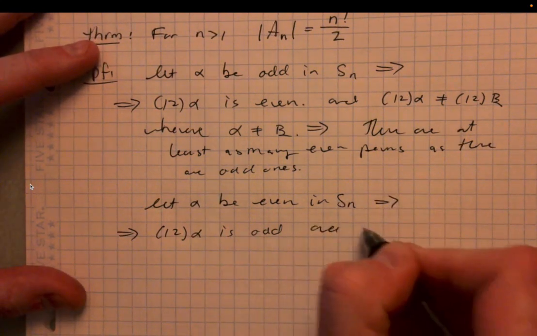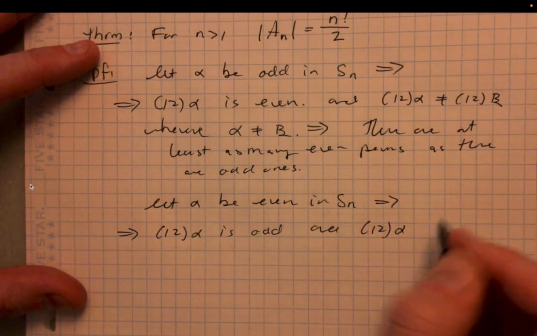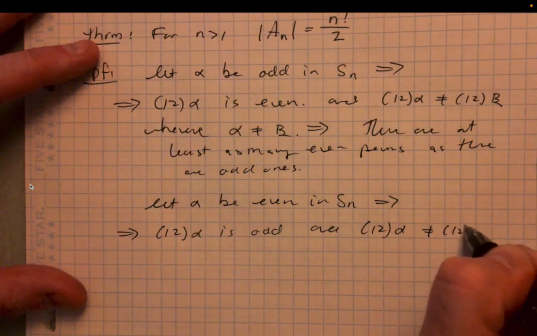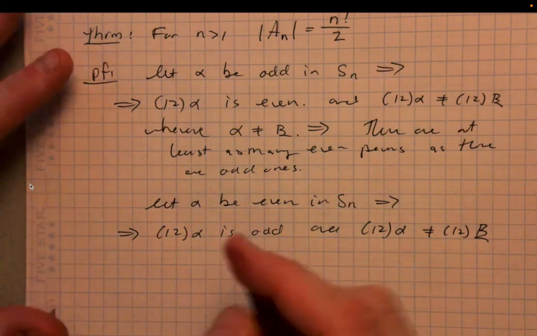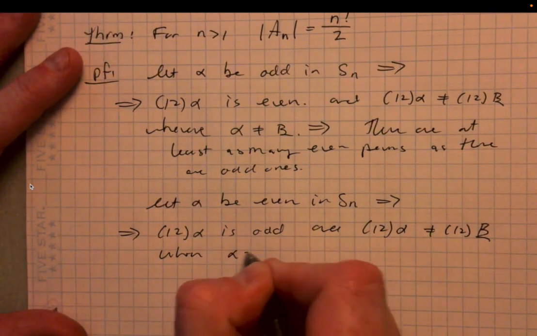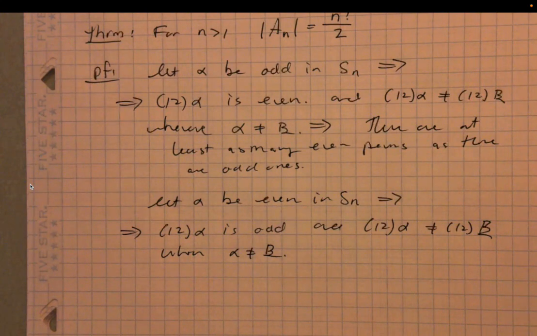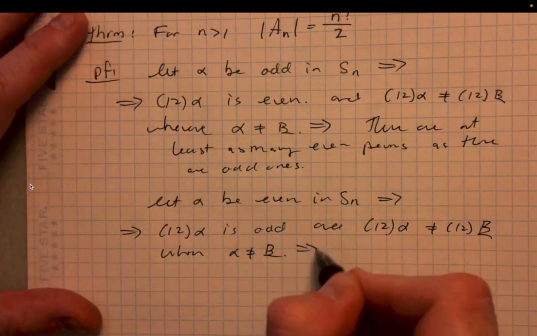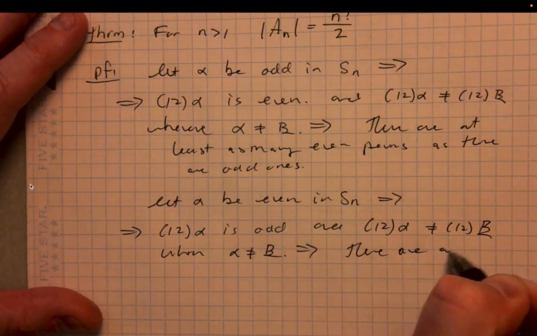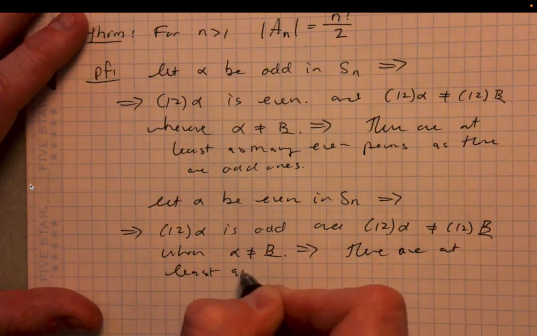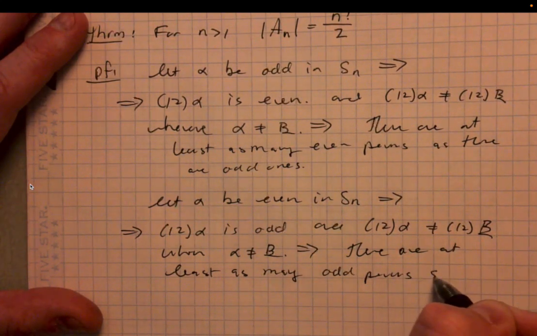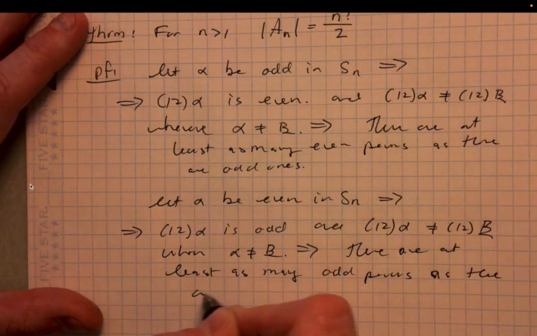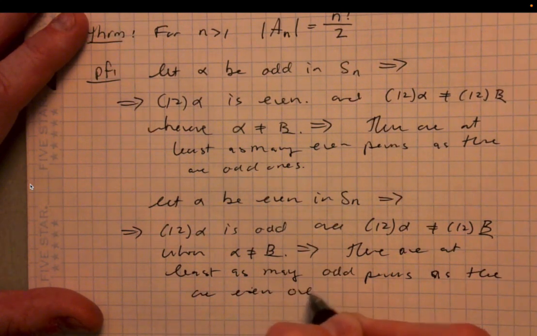And (1 2)alpha is not equal to (1 2)beta when alpha is not equal to beta. That implies the exact same thing as before: there are at least as many odd permutations as there are even ones.